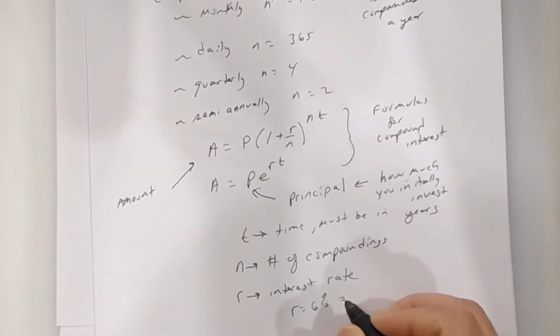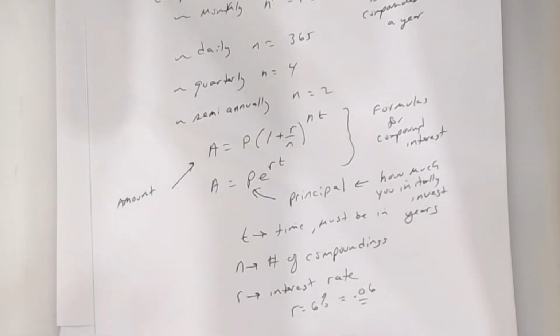All right, 0.06. So remember, you move the decimal point how many places to the left? 2, because percent means divide by what? 100. That's what percent is, divide by 100.